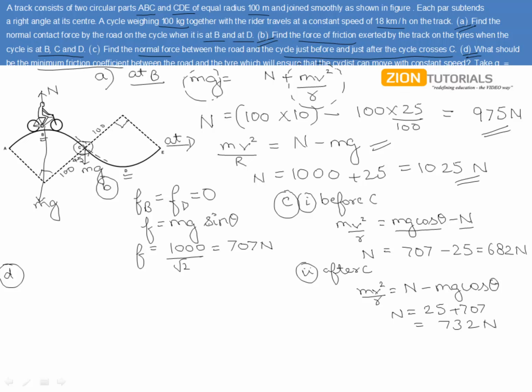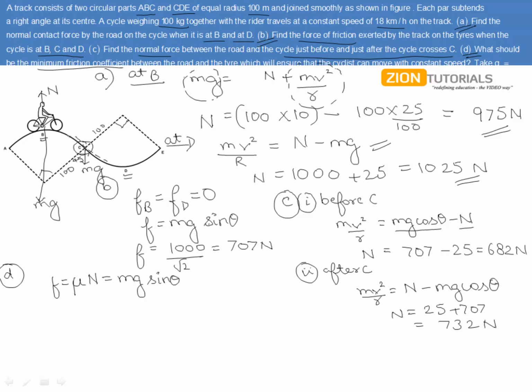So if the friction is able to balance this normal reaction, then obviously the other normal reactions will be balanced very easily, because the mg component will come to the rescue there. Now here we have the minimum normal reaction. So we can write the frictional force, which is mu N, equals mg sine theta.